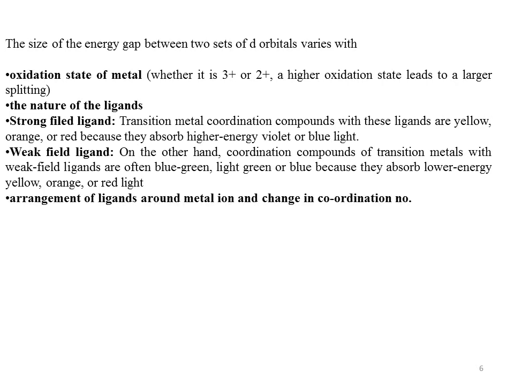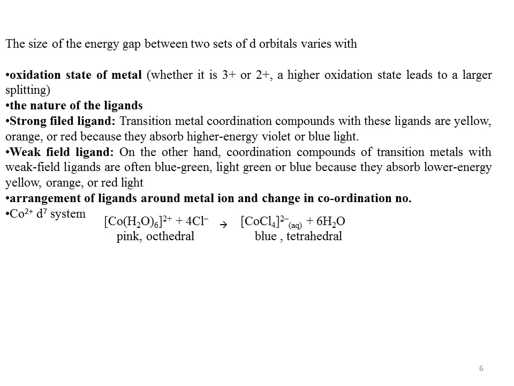The arrangement of the ligands around the metal atom or ion and a change in coordination number also affect the energy gap between the two sets of d orbitals. These two factors can be discussed by taking the example of the cobalt d7 system, cobalt plus 2 d7 system.